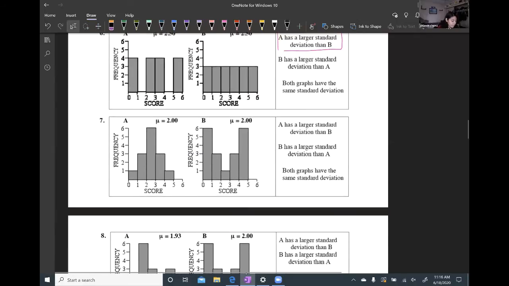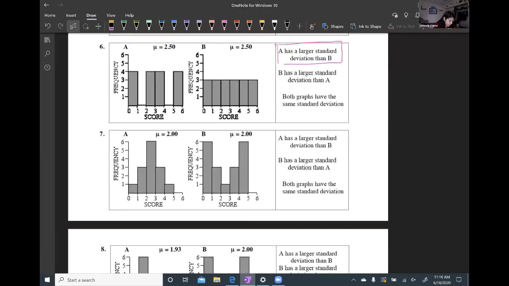Number 7. Oh, here's another thing that you should notice. Whenever your shape has the big values in the middle, then that will most likely have a lower standard deviation than if your big numbers are on the sides. Because you're going to have a lot of values in the ends, therefore your standard deviation is going to be bigger.